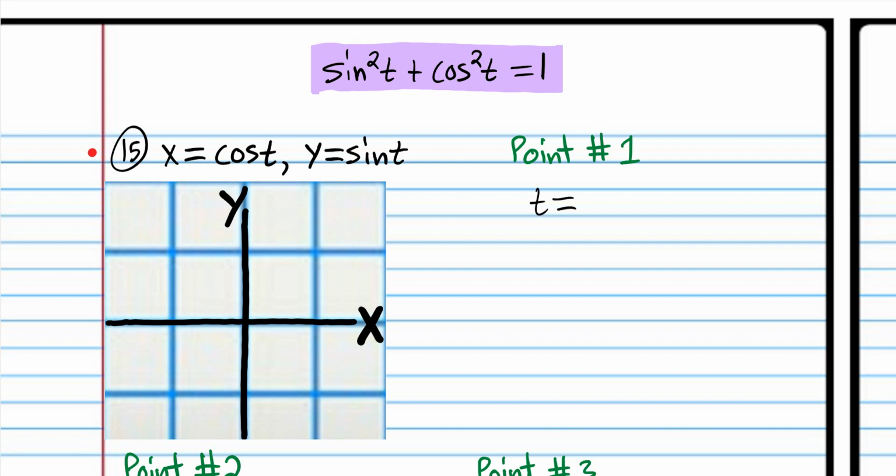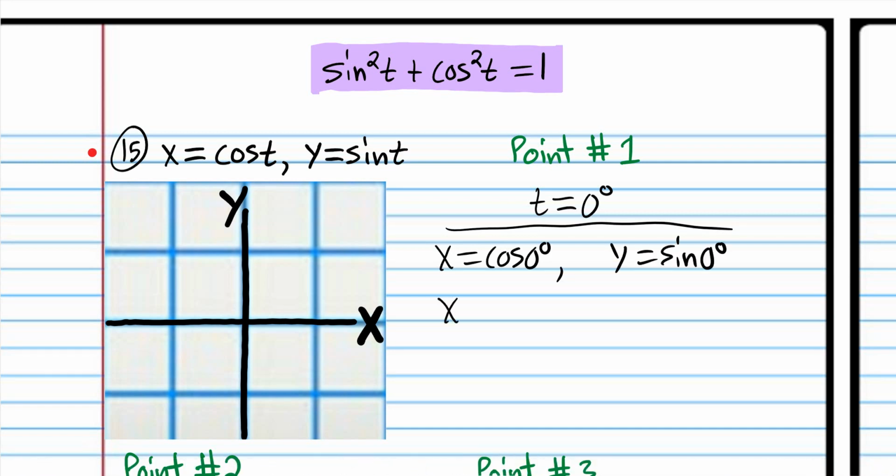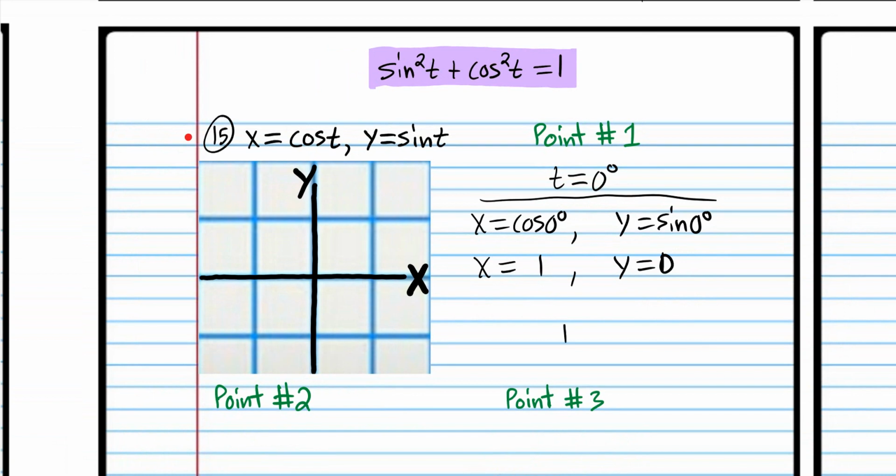So first let's plug in 0 degrees. So x is cosine 0 degrees, y is sine 0 degrees, x is 1, y is 0. So we have the point 1, 0.